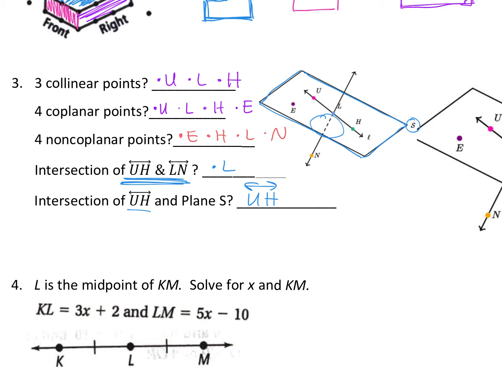Okay? Did you have a question, Emily? I was going to say, can you say like line E or something? Because you can't say line E because E is just a point. But I thought it was the little E by the UH, the line UH. Are you looking at this E? Yeah.